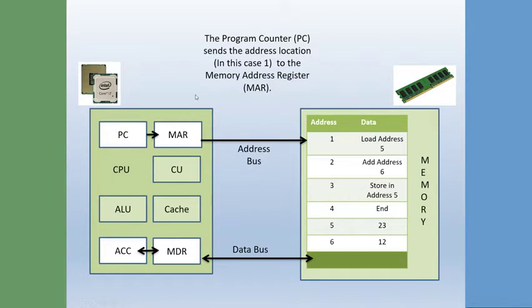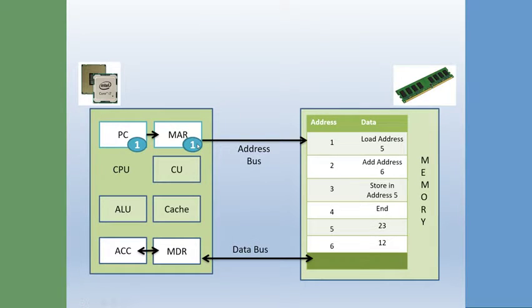So in this instance, okay, the program counter sends the location address, i.e. 1, to the MAR, the memory address register. Okay, the memory address register holds the location of the next instruction to be fetched, which in this case is location 1. That gets sent across the address bus, finds location 1, and what data is held in there.